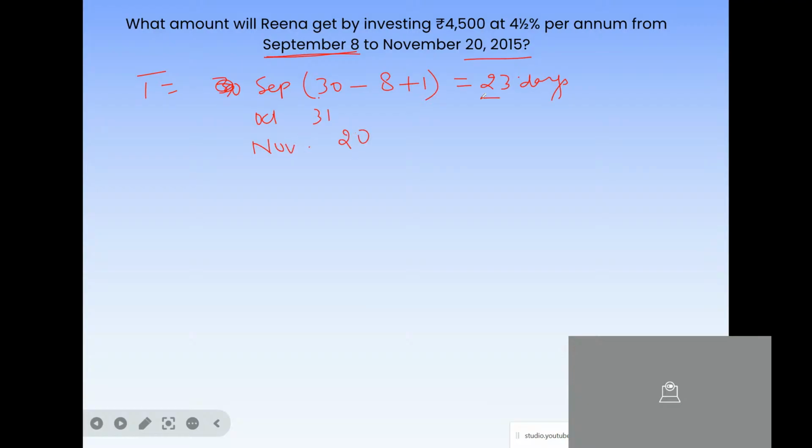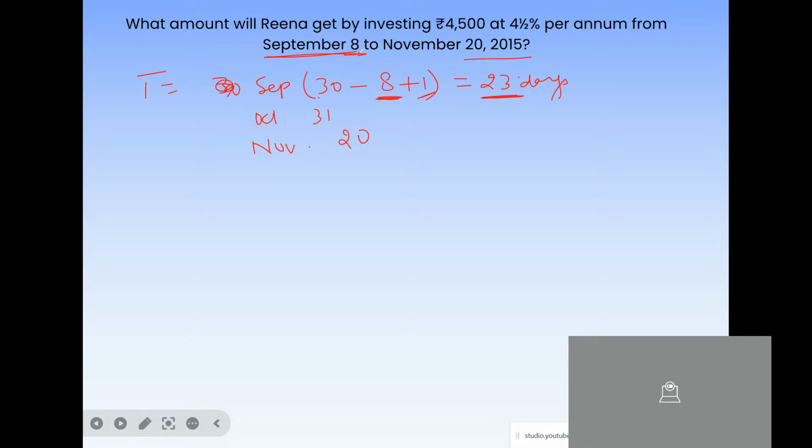You can double check this by counting the number of days from September 8. We are adding this one because when we do a minus 8, we looked at the number 8 and subtracted, but 8 is there in your number of days, because it is starting from September 8.